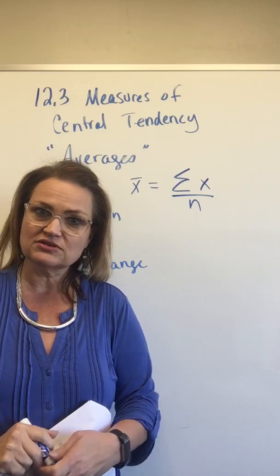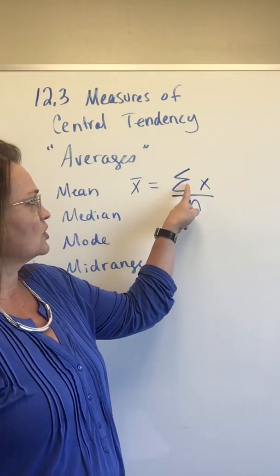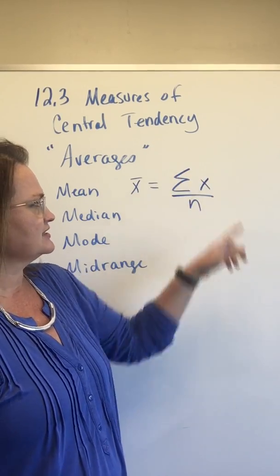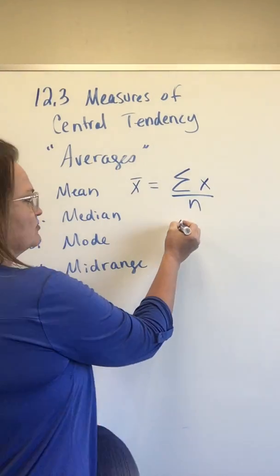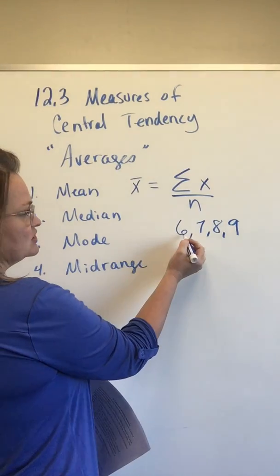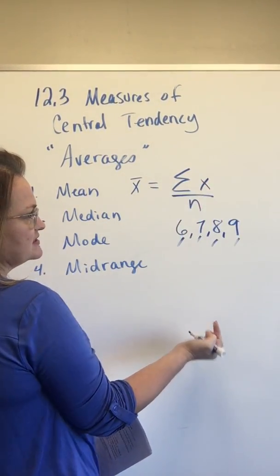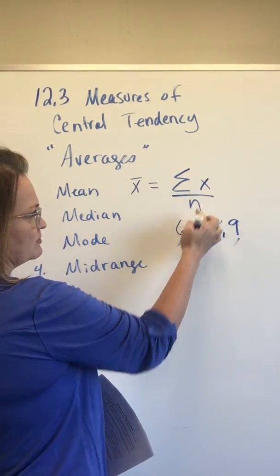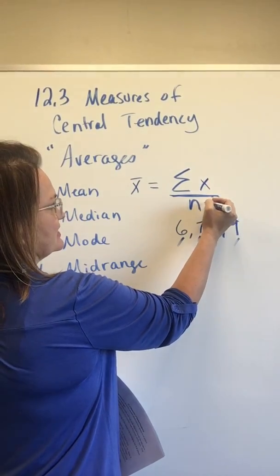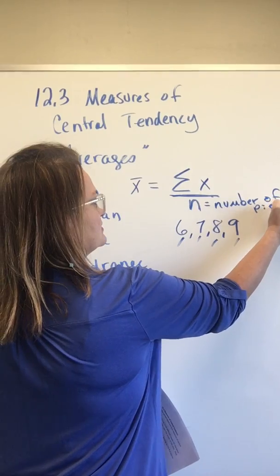To get used to this notation, the large E means a summation. When we use regular X's, like if I wrote out the numbers 6, 7, 8, and 9, each one of these would be an X. So you're summing all the pieces of data, with X representing each piece of data, and then dividing by N. N stands for the number of pieces of data.